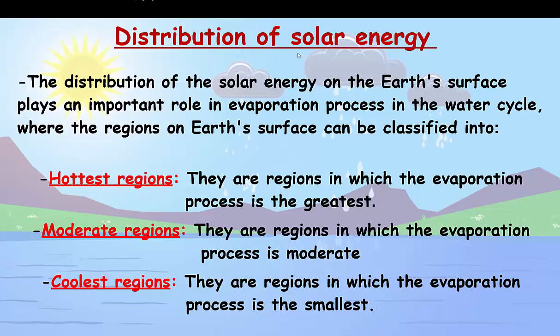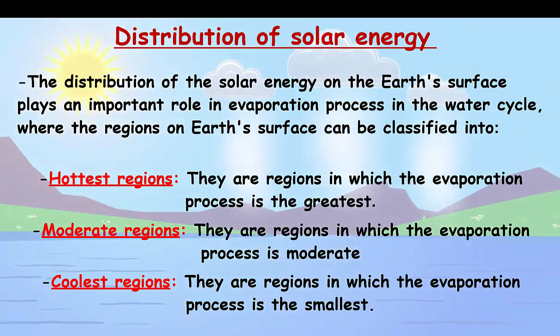Now to the distribution of solar energy. The distribution of solar energy on the Earth's surface plays an important role in the evaporation process in the water cycle, where the regions of Earth's surface can be classified. We will classify the regions of Earth according to the sun's effect into hottest regions, meaning high temperature regions.